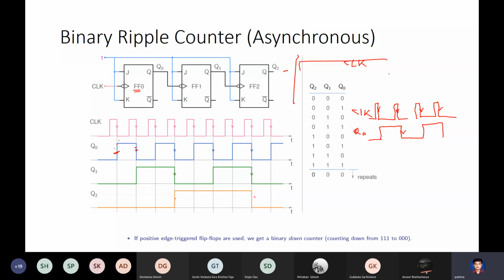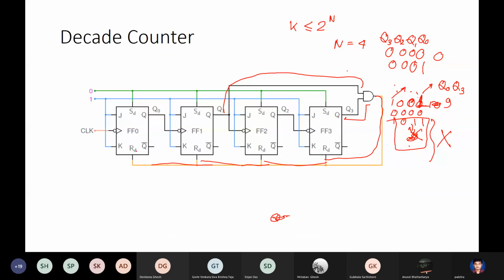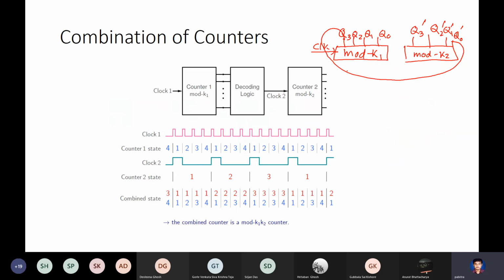But suppose I have another block, and this Q3 goes to the Q0 of the next block. So this Q3 of this goes to the Q0 of the next counter. And so basically I have an 8-bit counter now.